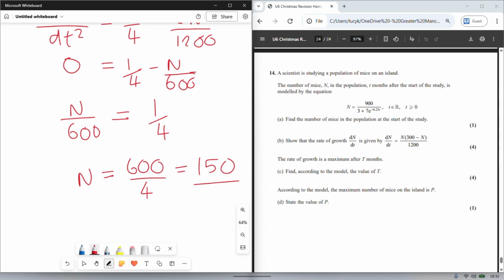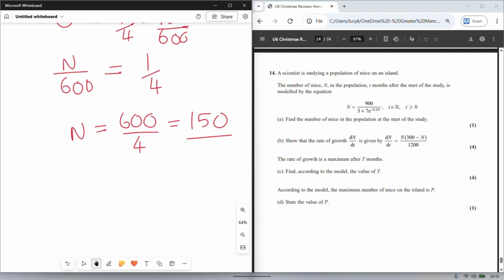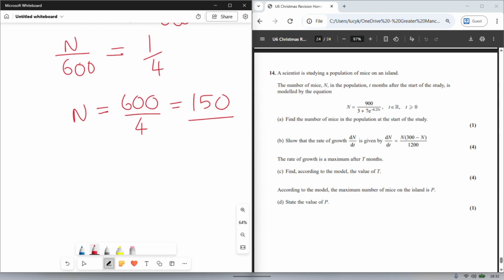We don't want the value of n though, we want the value of t, don't we? We want the value of t, we have the value of n. So let's go back to our original equation involving n and t. So we're going all the way back to the start now. I think a common mistake would be to stop there because you feel like you've done all the work. You haven't done all the work yet.